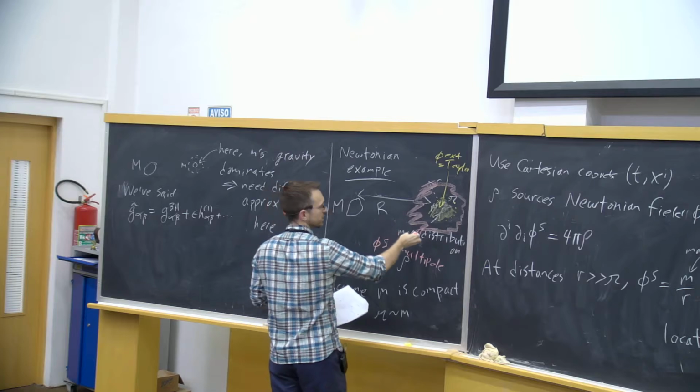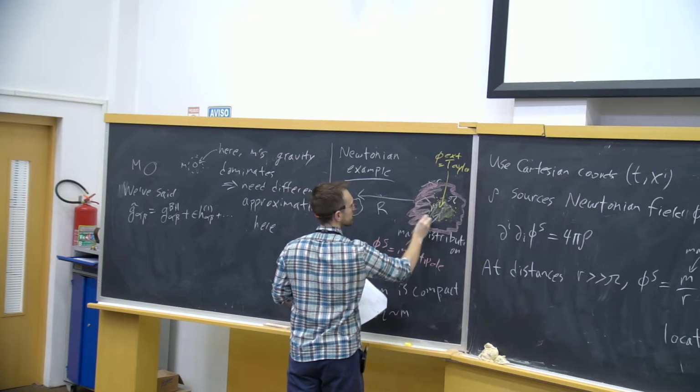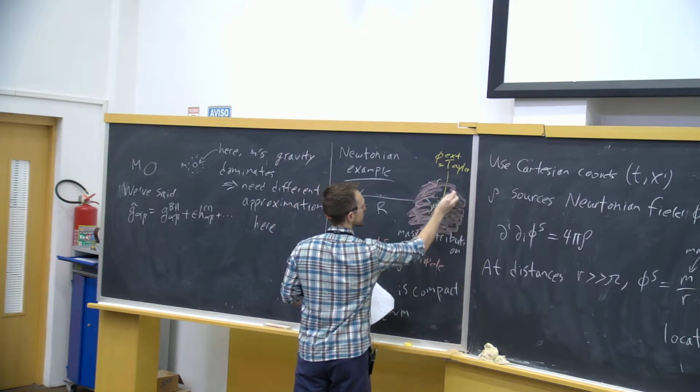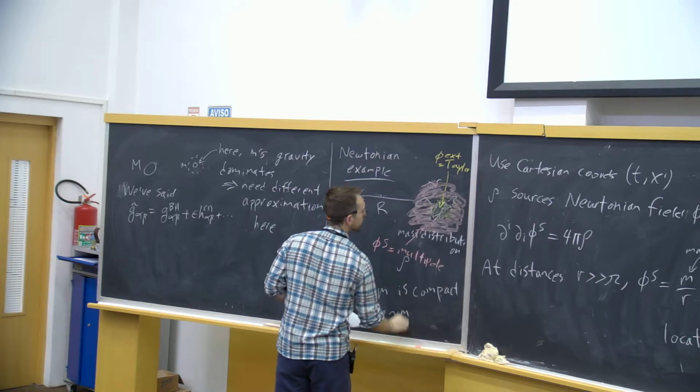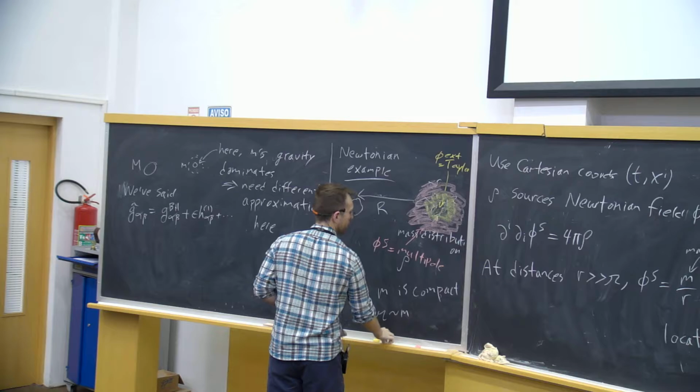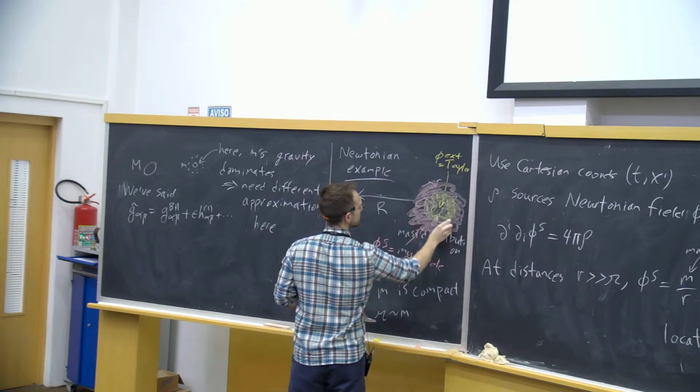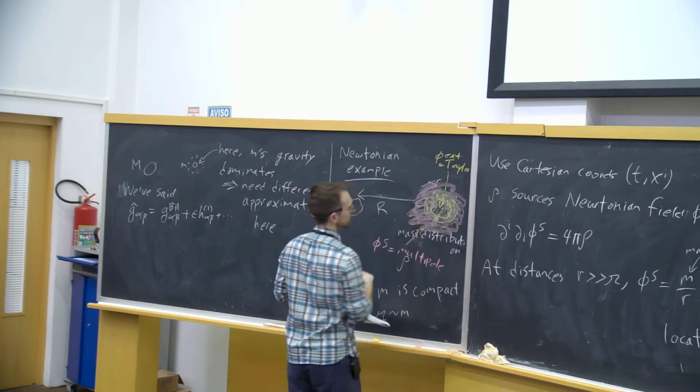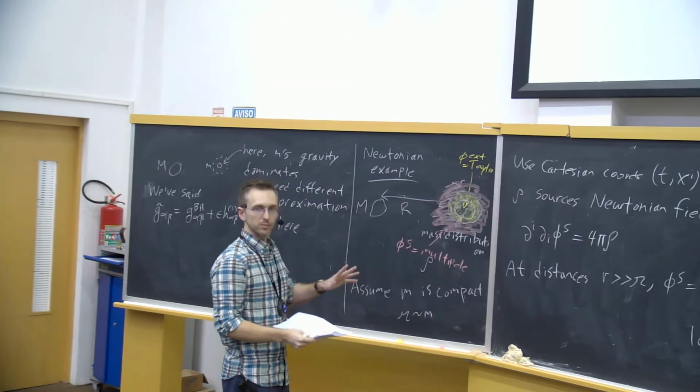But these regions will actually overlap. So what I want to look at is this intermediate region where both approximations are valid.